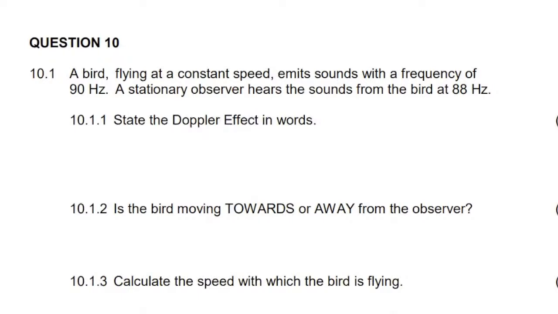With the first question, they are telling us that a bird flying at a constant speed emits sounds with a frequency of 90 Hertz. So the frequency of sound of the source is 90 Hertz, and a stationary observer hears the sound from the bird at 88 Hertz.